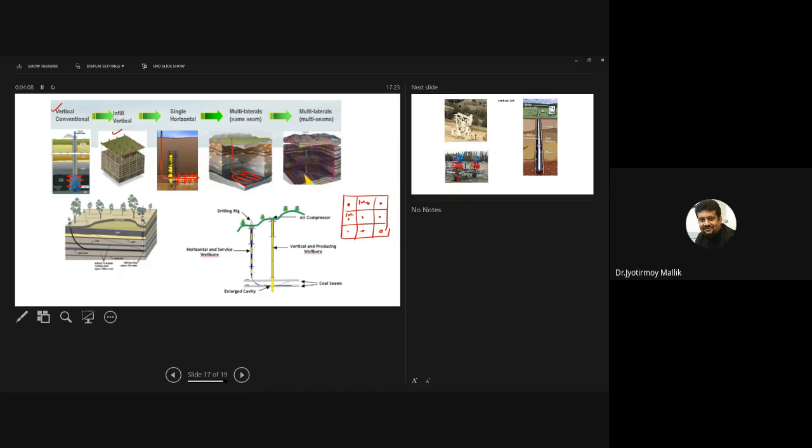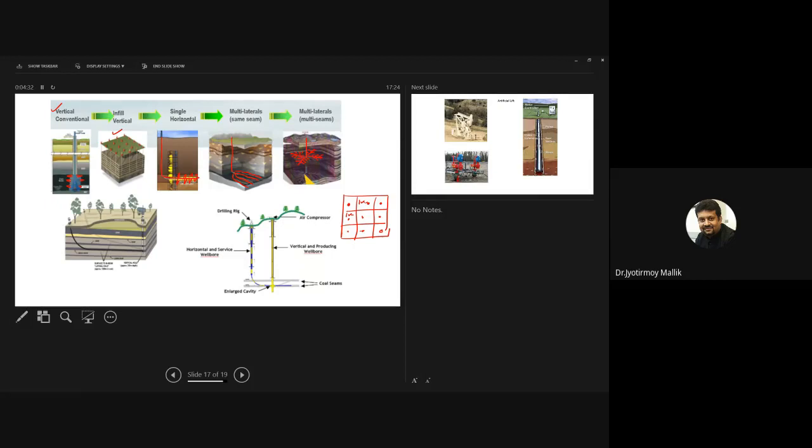Now you can also drill multi-seam multilateral wells. As you can see here, there is only one vertical well, and from every seam there are four horizontal wells drilled, and from each horizontal well there are some other branches coming out. There is a large network of wells from the same vertical well.